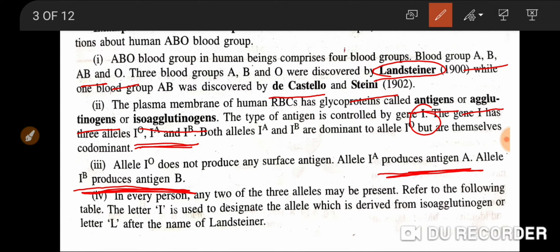And one important point about this ABO blood group is that in every person only 2 of the 3 alleles may be present. Out of these 3 alleles, any 2 alleles may be present in every person.